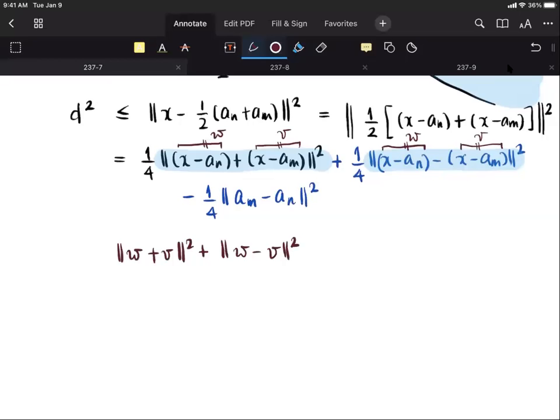The sum of the norm squared is the inner product of the element with itself. So expanding the inner product, you will see that the middle term will cancel, and you end up with the following equation. A straightforward algebra leads to this equation here. And take note that this is basically the parallelogram law.